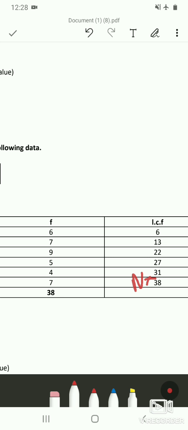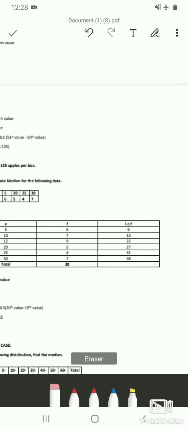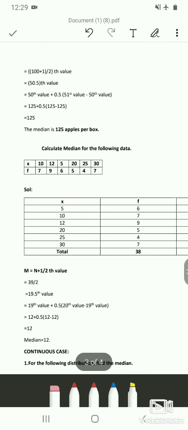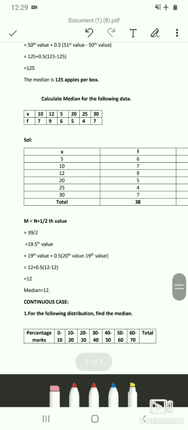Here N is 38. Let's substitute it in the formula, that is M is (N plus 1) upon 2 value. N plus 1 is 39, and 39 divided by 2 is 19.5.